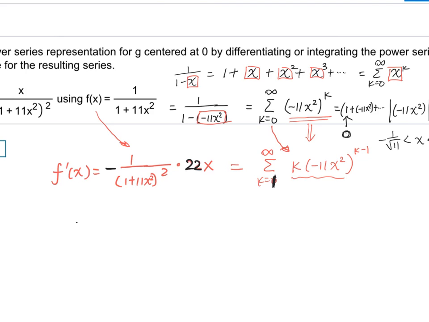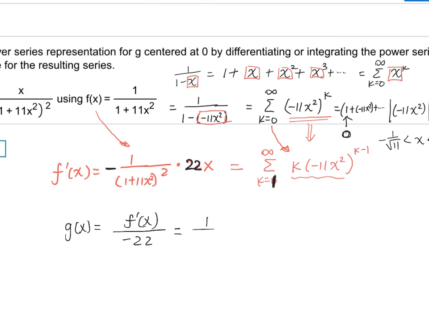So we do know G of x is equal to F prime of x divided by negative 22, right? We just mentioned that. So therefore, what is the power series representation of G?